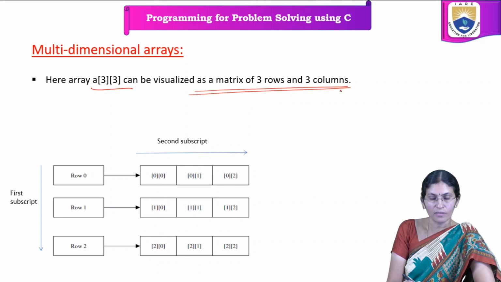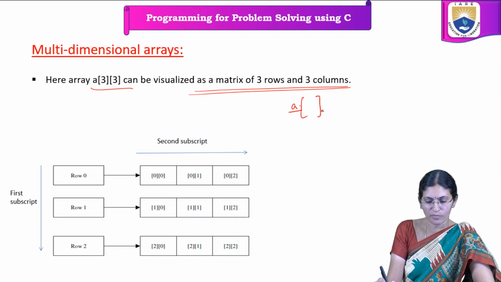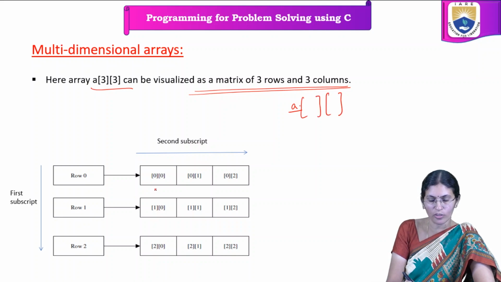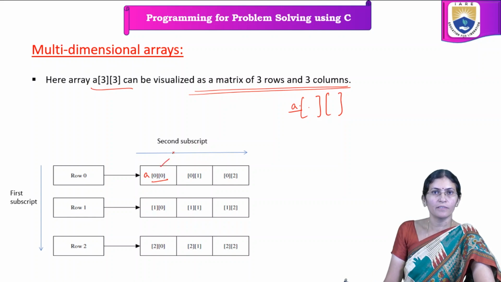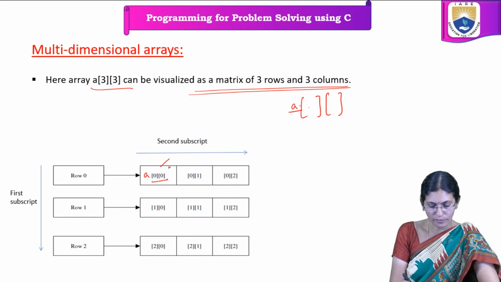In order to access each element of the array, we use the array name and then the first subscript and second subscript. We need two subscripts: the first is the row subscript and the second is the column subscript. Suppose we have a[0][0]. a[0][0] refers to the first element of the two-dimensional array.